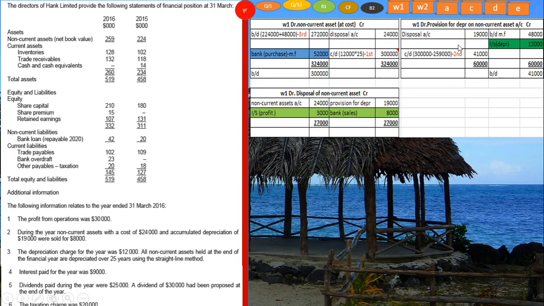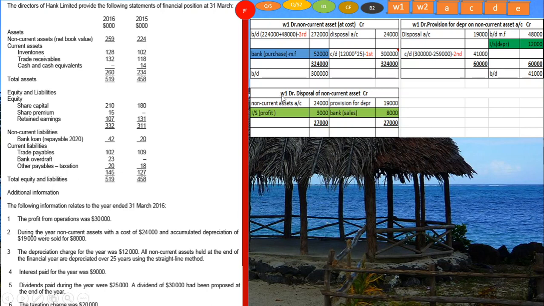Then on the debit side, if any non-current asset is disposed of during the year, the total accumulated depreciation for that disposed asset is deducted here, this 9,000, and then you get the remaining figure as your balance c/d. That is the closing provision for depreciation on non-current assets, that c/d becomes b/d, and this is how we do it.